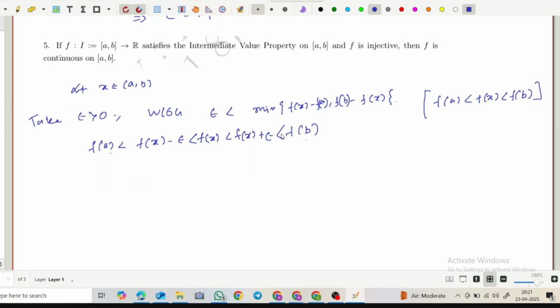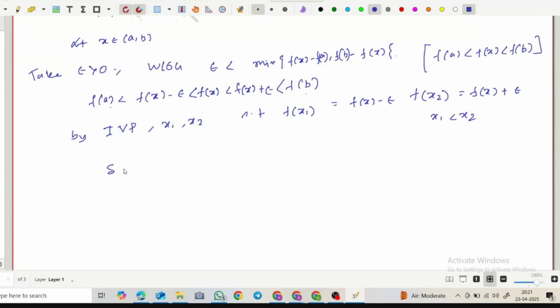Yes, this is the inequality. Now by IVP, you have x1 and x2 such that f of x1 is equal to fx minus epsilon and f of x2 equals fx plus epsilon. And you know that x1 is less than x2 because of the monotonicity.